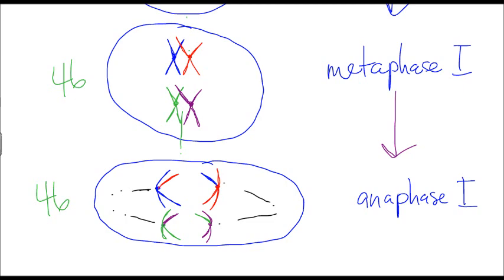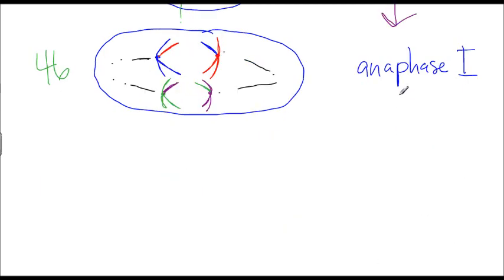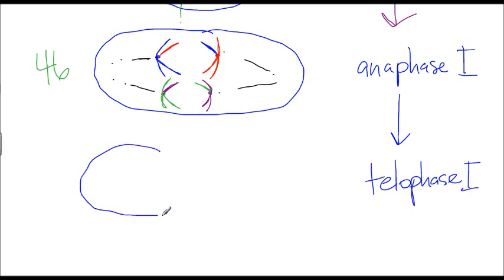We're going to move now into the next phase, which, if you guessed telophase 1, you guessed correctly. So we are into telophase 1, and in telophase 1 we've actually got 2 cells, right?